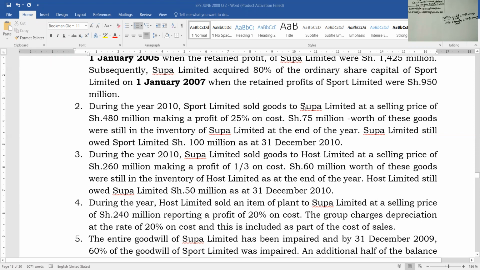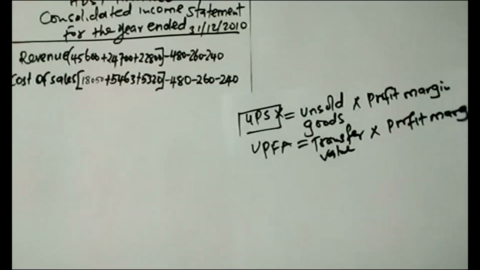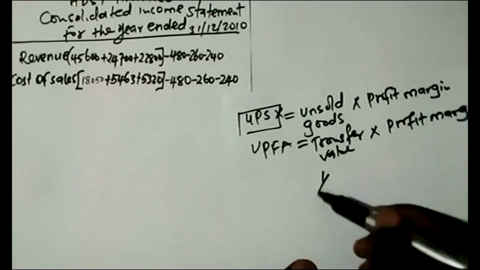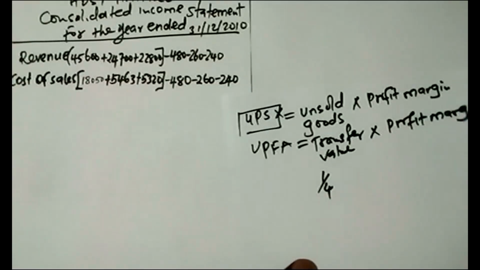When Super received these goods from Spot, he never resold 75. But remember that when Spot was selling the goods, he included a profit markup, 25% on cost. That is like a quarter, so it means this is a markup.